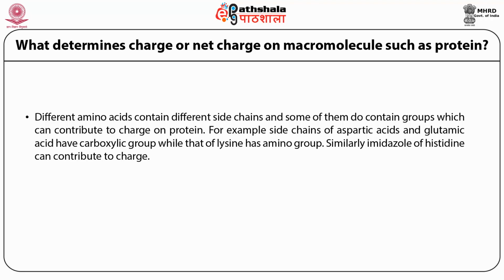These R groups are not used in peptide bond formation, and that's the reason that these can contribute to the charge on protein molecule. For example, side chains of aspartic acid and glutamic acid have carboxylic group, while that of lysine has amino group. Similarly, imidazole group of histidine can contribute to the charge.